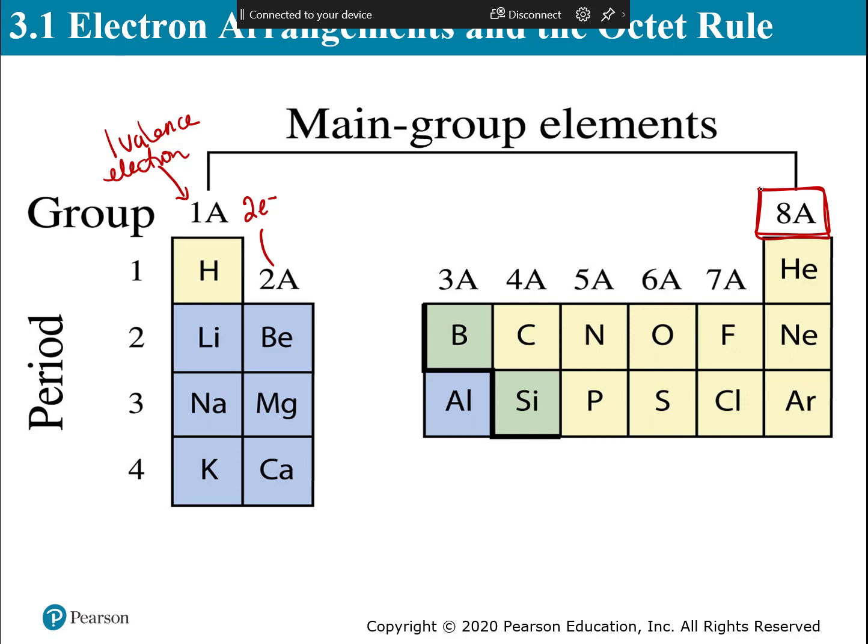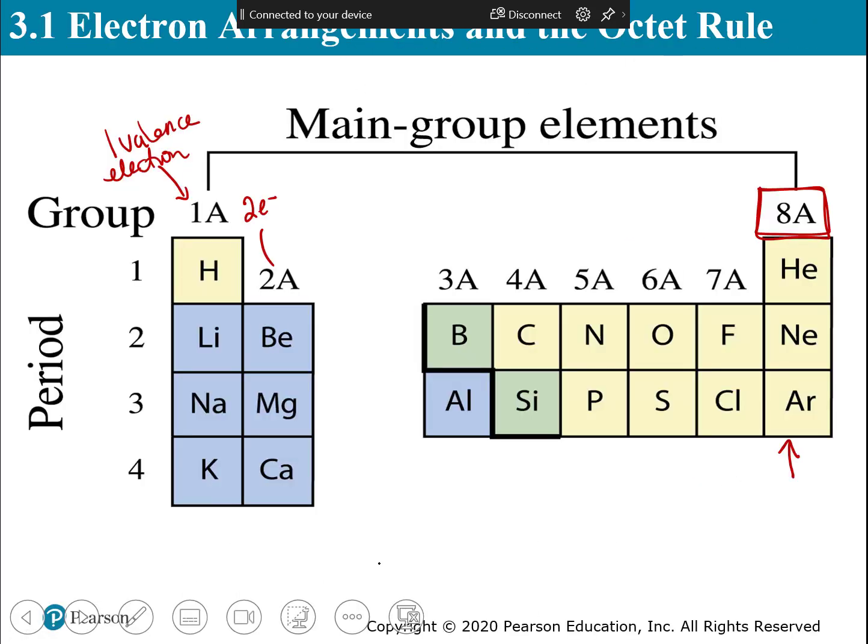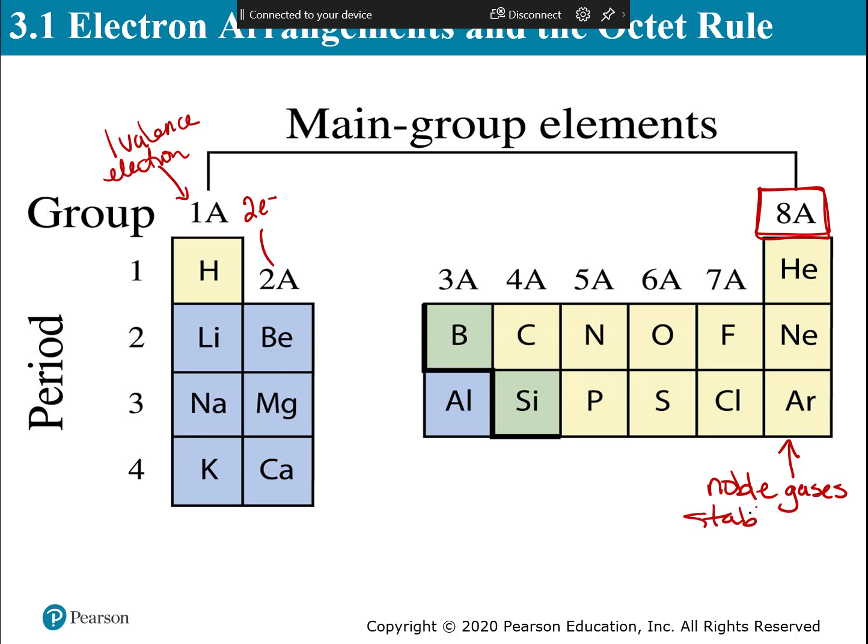And do you remember what their generic name is? They're called the... Nope. What is that last column called? They're the noble gases. They're the noble gases because they're extremely stable. They don't form compounds.